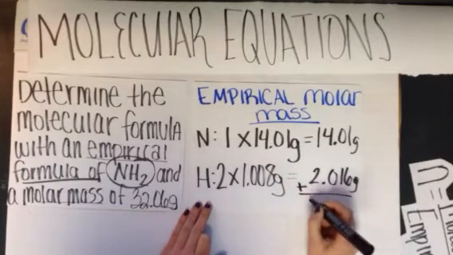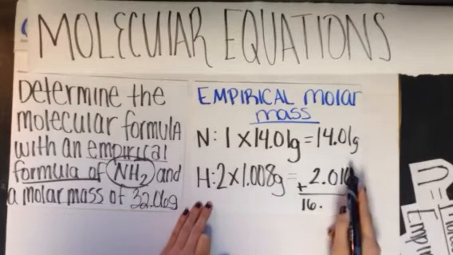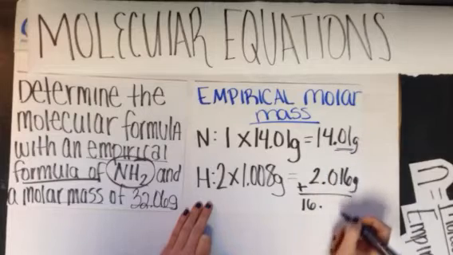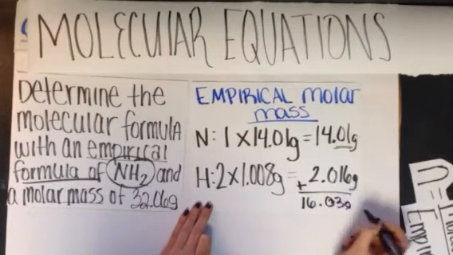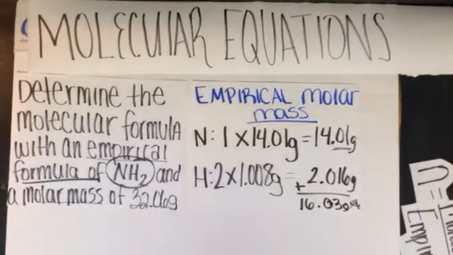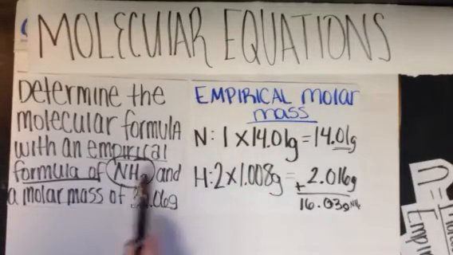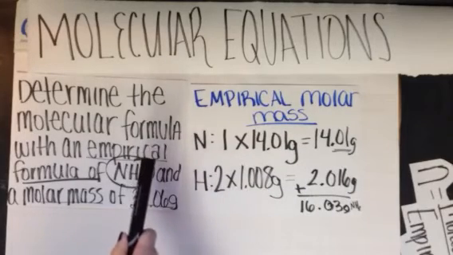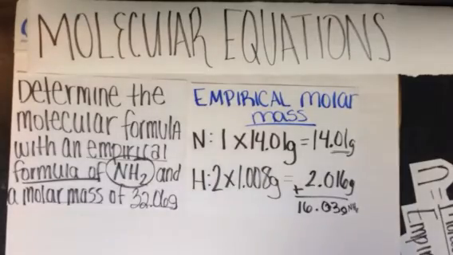Going to add these two together, and let's do correct sig figs: 16.026. When I add, I go to two place values, rounds up to 16.03 grams of NH2. Now I have the molar mass of the empirical formula. Notice that needs to be calculated by you. They'll give you the empirical formula, but you have to get the empirical formula's molar mass.